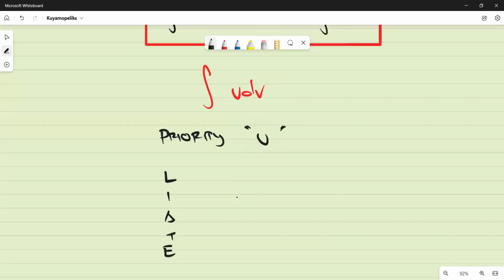Priority u. First, L is logarithm or logarithmic functions. The other, yung I is inverse. Sulat ko, no? A is algebraic, T is trigonometric, and E is exponential functions.